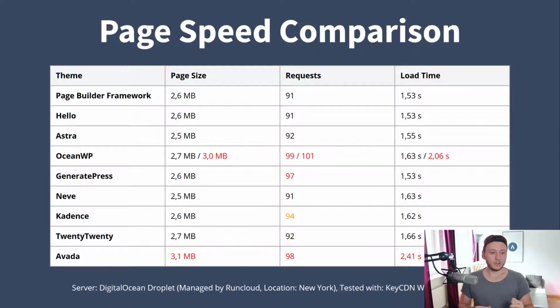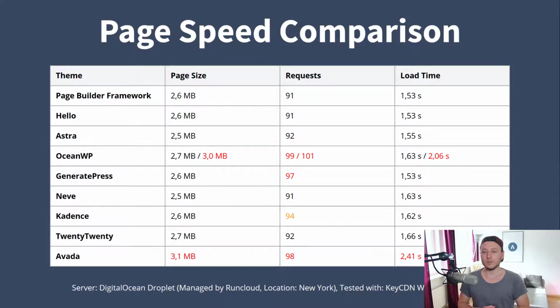And as we can see, 2020 also comes in at 2.7 megabytes, but they're really close together. I should have done this test using a different tool, not KeyCDN, because KeyCDN doesn't give me the two digits after the comma. I'm sure between Astra and Hello there are not 0.1 megabytes in between, but actually a lot less. But yeah, this is what we got here.